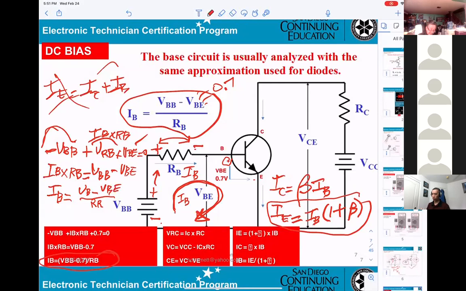You can move everything to the other side of the equation and reverse the signs. When the current hits the RB here, current coming in has to be positive, leaving negative. So that's why I plot VRB. Then the current goes through the VBE here, positive on this side, negative on this side. So that's why I plot VBE.